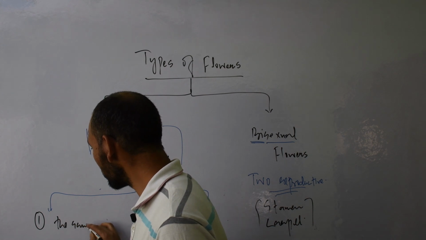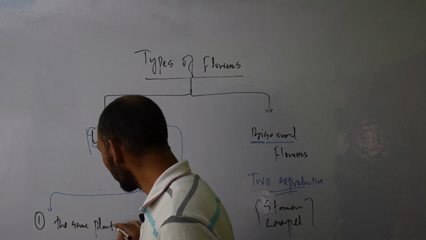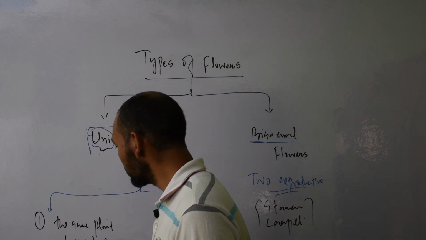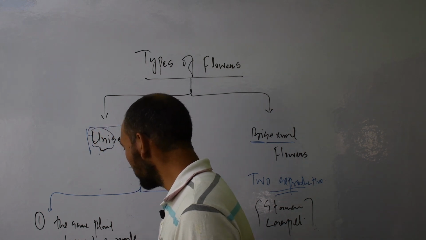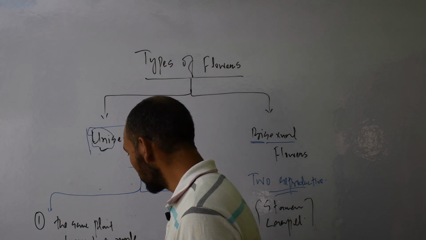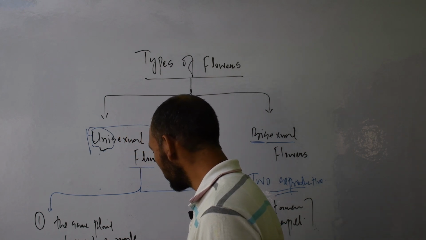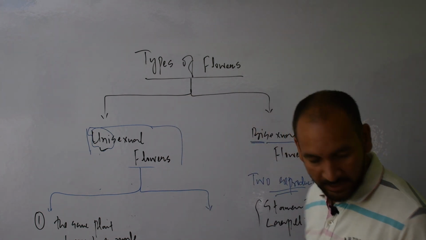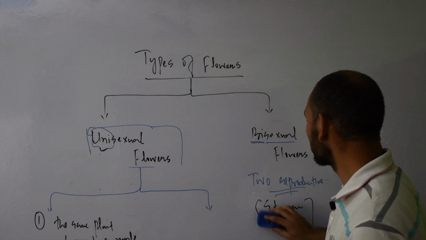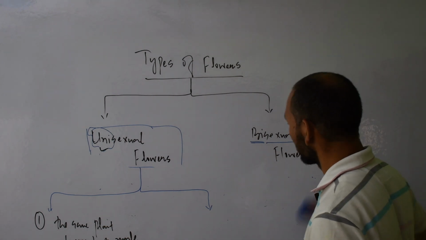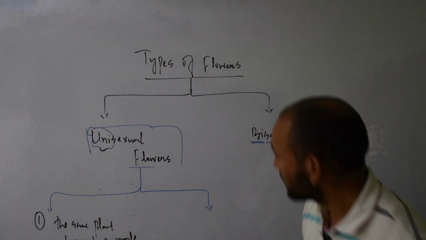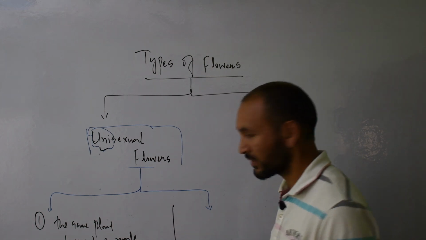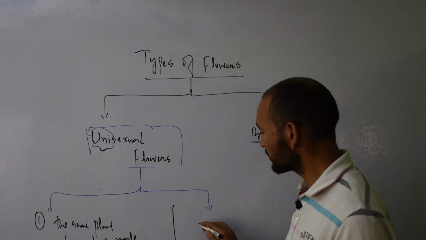So the same plant bears both male and female flowers. This is one condition, okay. Second condition that can come about here is you have two different plants.